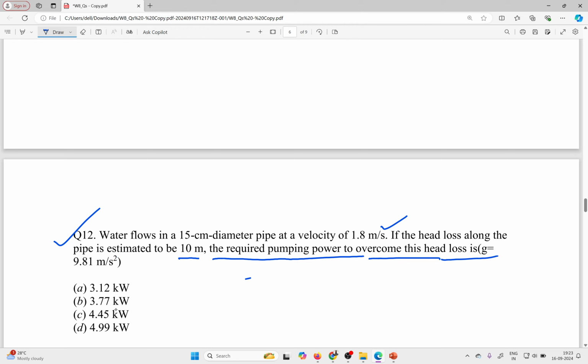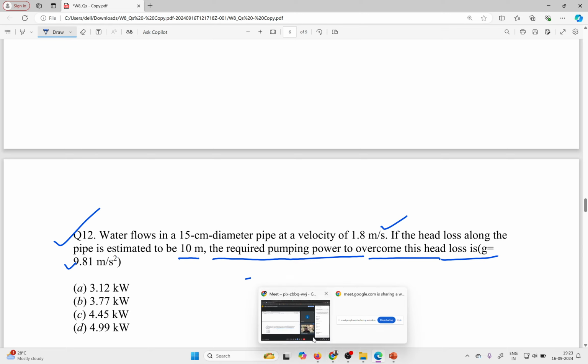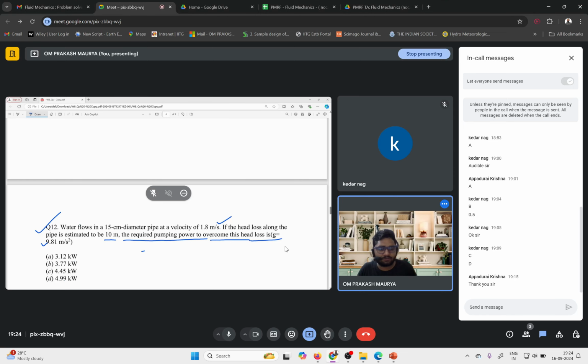A, B, C, D, which one? And g value is given 9.81. So please try to calculate for question number 12. You have 5 minutes. I'll wait 5 minutes for your answer.